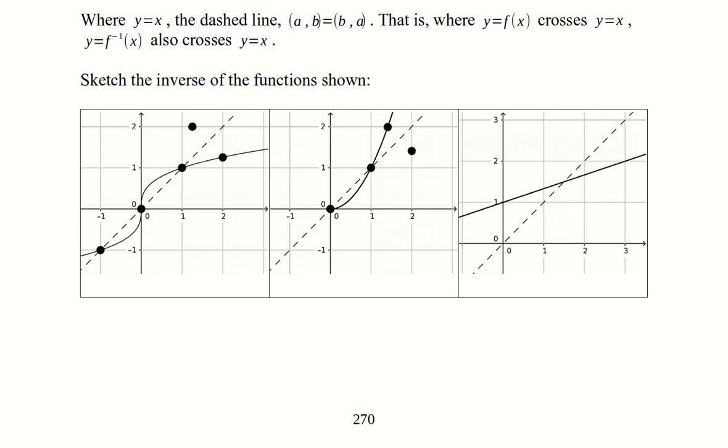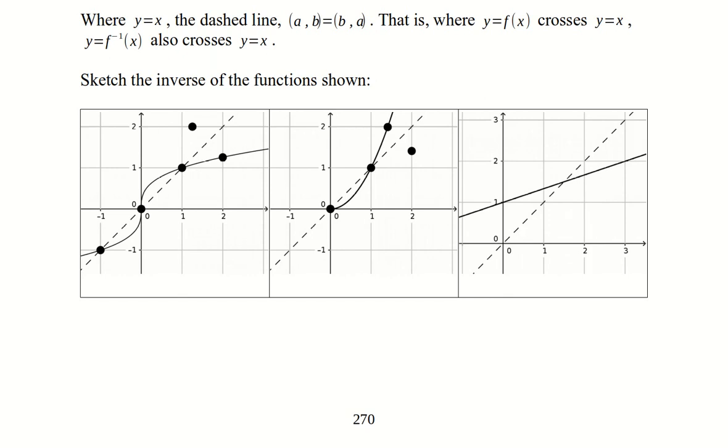So for example, if a point is on the function, the point (a, b), then the point (b, a) is on the inverse of that function. So we're looking here at everything that stays put. Here's another usage of a dashed line, just a generic other line.